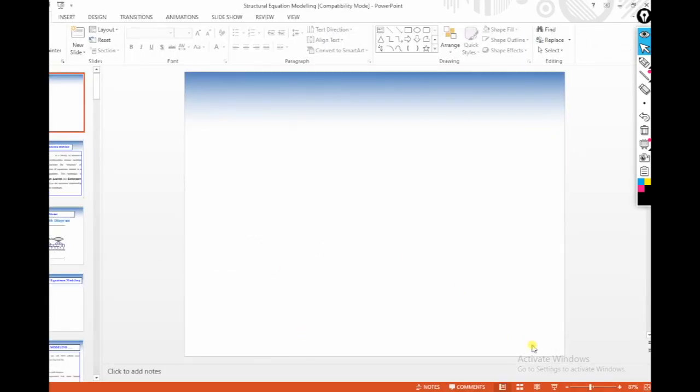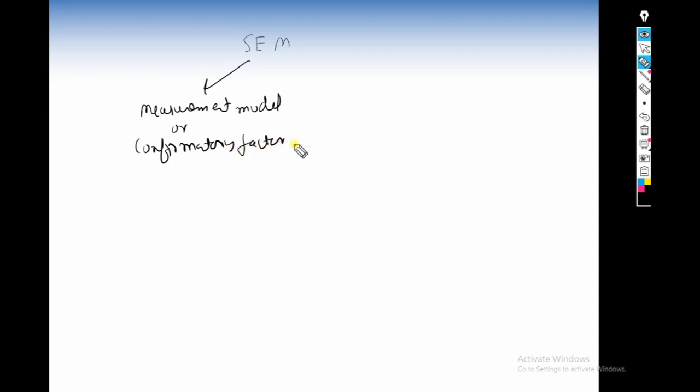Now, the concept of structural equation modeling. Structural equation modeling is a multivariate technique. It is a complex and advanced statistical technique, and in SEM we study two things. One is the measurement model, or the other name is confirmatory factor analysis.